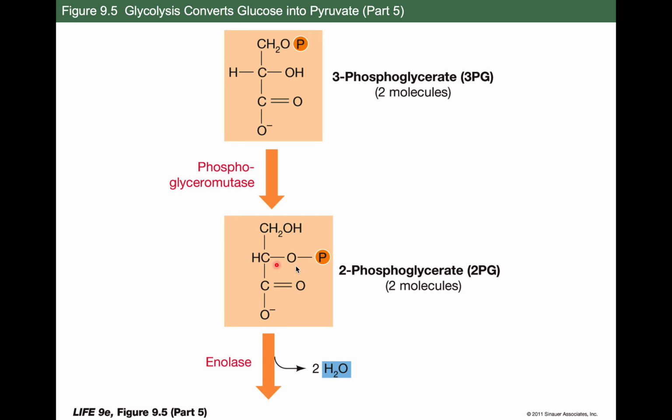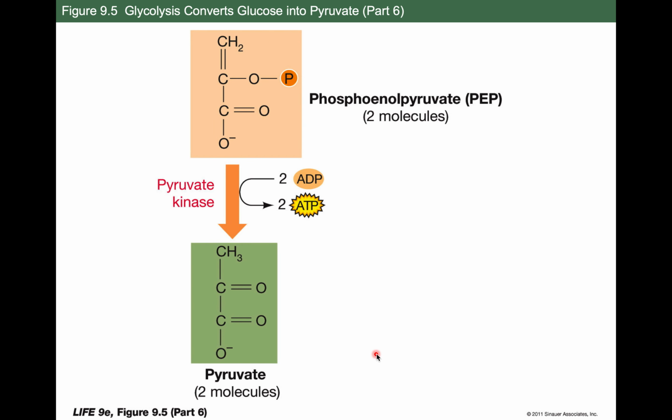We do a rearrangement here, shuffling that phosphate group around a little bit. We remove a water in the next step. Then in the very last reaction in glycolysis, we remove the final phosphate to make 2 more ATPs.